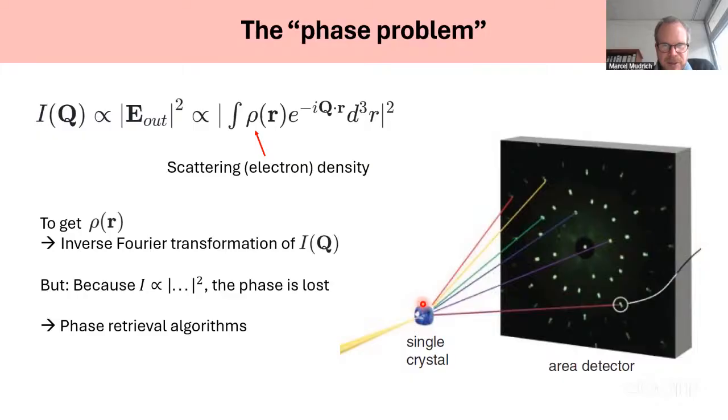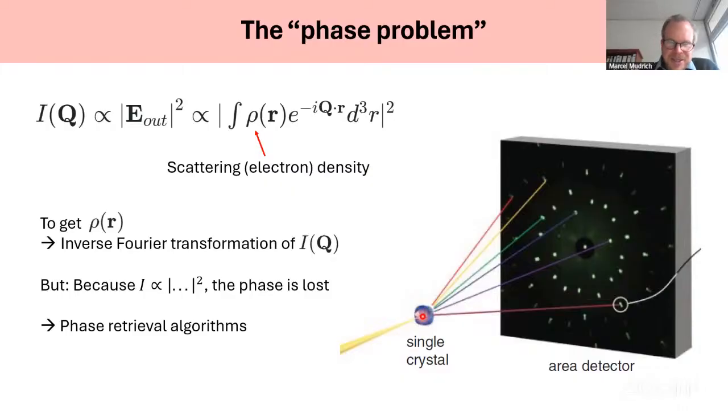In the end, we want to learn about the structure of the crystal. So in principle, from the intensity distribution we calculate back, doing a Fourier back transformation to get the real space distribution.